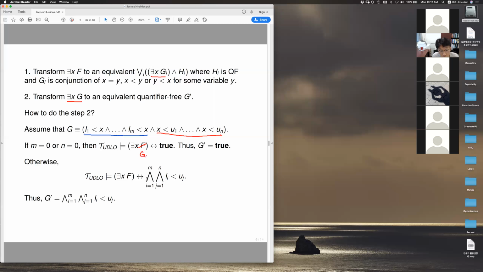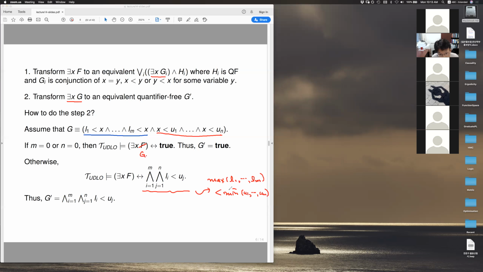And why is this equivalence okay? That's because one of the axioms in T UDLO is about the dense property, which says if you pick any two elements, one smaller than the other, you can always find something in between. So if the condition on the right-hand side of this equivalence is true, this intuitively means the max of L1 up to Lm is smaller than the minimum of the upper bounds U1 up to Un.